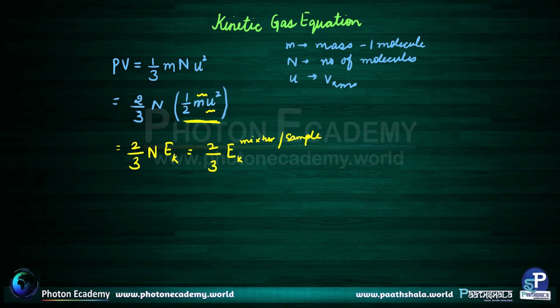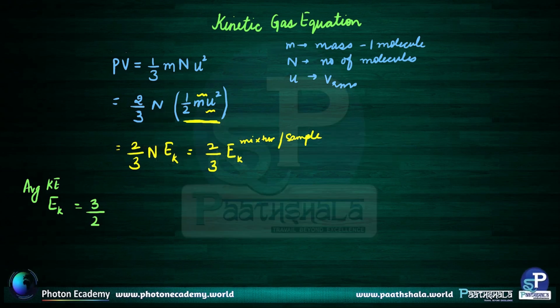So the expression becomes that Ek, which is the average kinetic energy of the sample, is equal to 3 by 2 PV, as we've sent the 2 by 3 to the other side. And we know that for an ideal gas, the equation is PV is equal to nRT. So substituting PV for nRT, we can write that this is equal to 3 by 2 nRT.